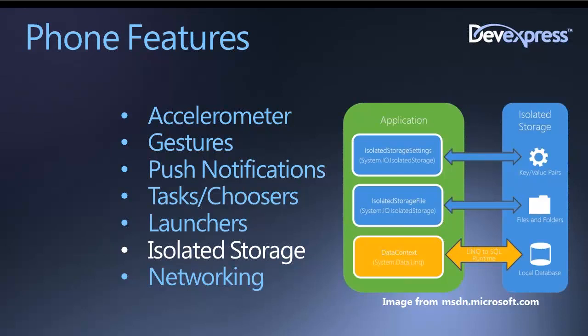Now, with isolated storage, there are 3 different ways that you can make use of isolated storage on the phone. You can use the isolated storage settings class, which is in the system.io isolated storage namespace. And when you use that, you actually can store and retrieve key value pairs, kind of like a data dictionary. So you pass in a key and a value, and then you can fetch those back out.